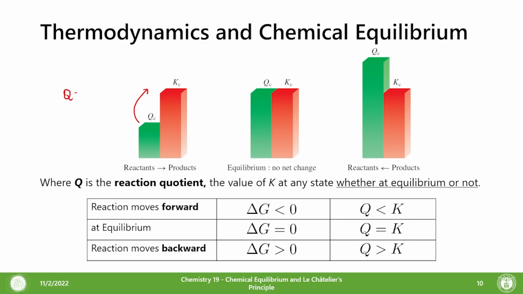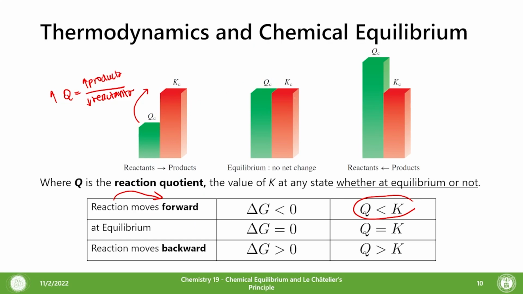If Q is equal to the current concentration of products over the reactants, then in order for Q to increase, the products should increase. So when Q is less than K, Q has to increase, therefore products have to increase, reactants can decrease as well, and therefore the reaction moves forward.